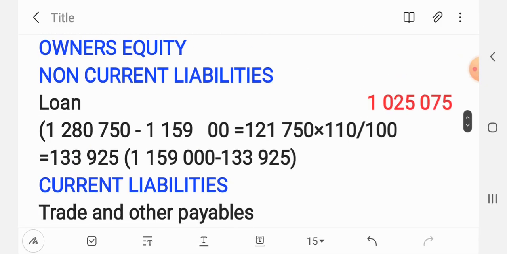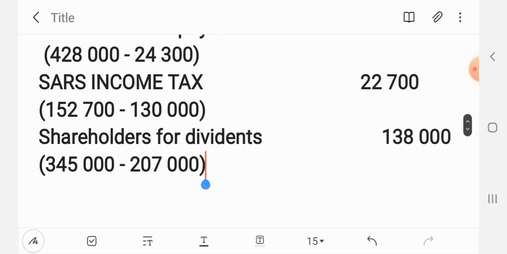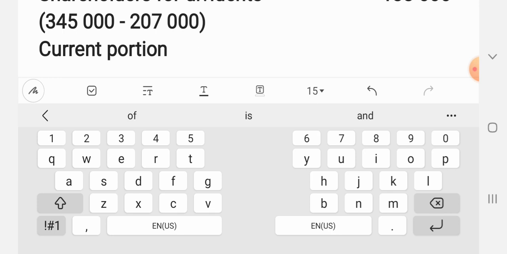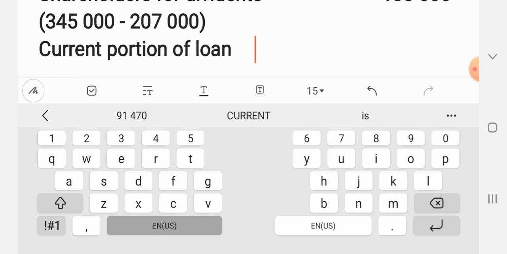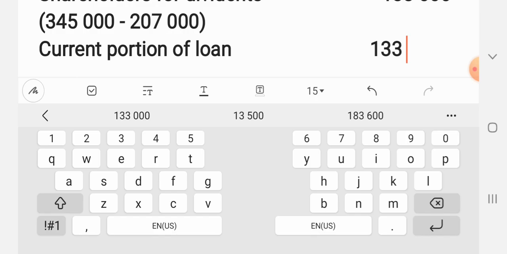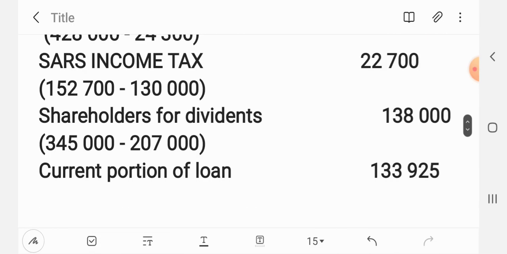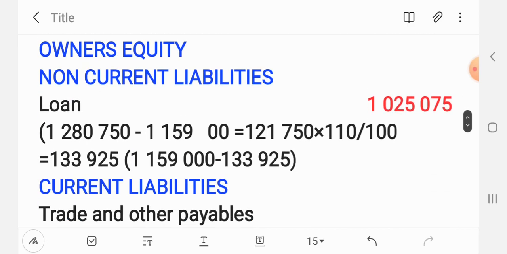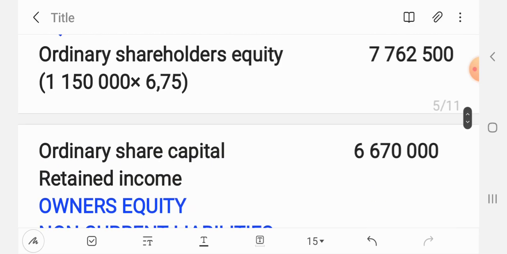And then under current liabilities, we'll have current portion of loan, which will be the 133,925. So that's all the things we have under current liabilities, and this is the loan, and we are done with the balance sheet. This is the complete balance sheet.